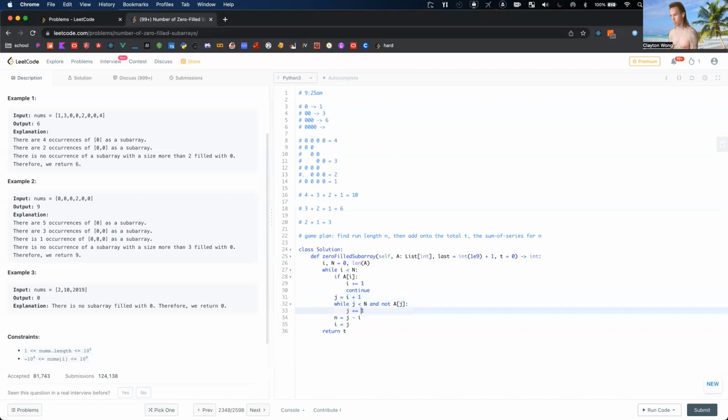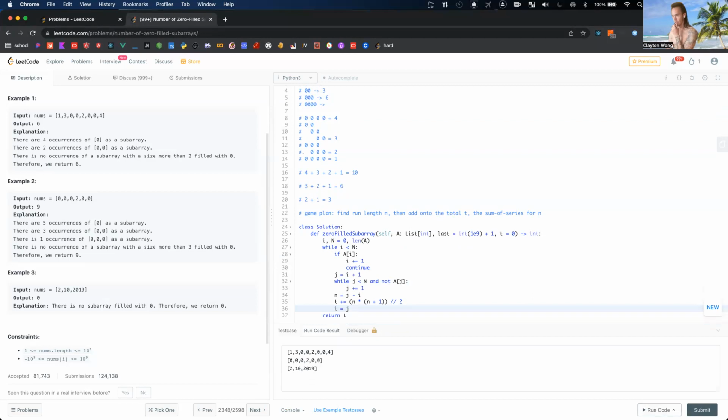How about, so we don't have to skip past the first one. And our total equals the sum of the series, which we call f of n. Or we're just going to say n times n plus 1 divided by 2 is fine. We can just stick it in here. All right, sum of the series plus equals that. And i equals j.